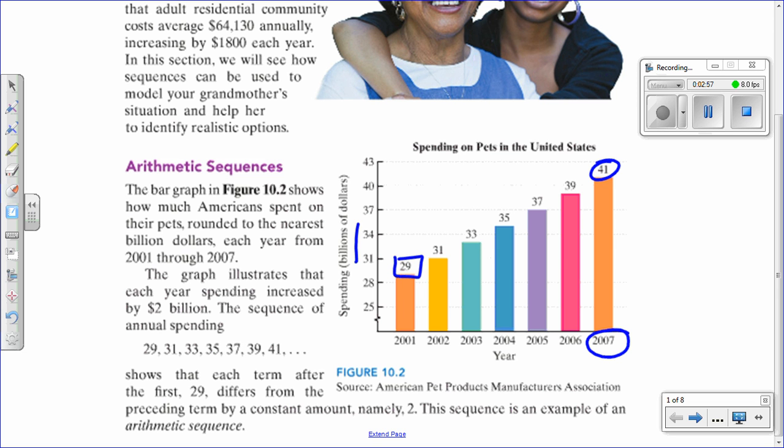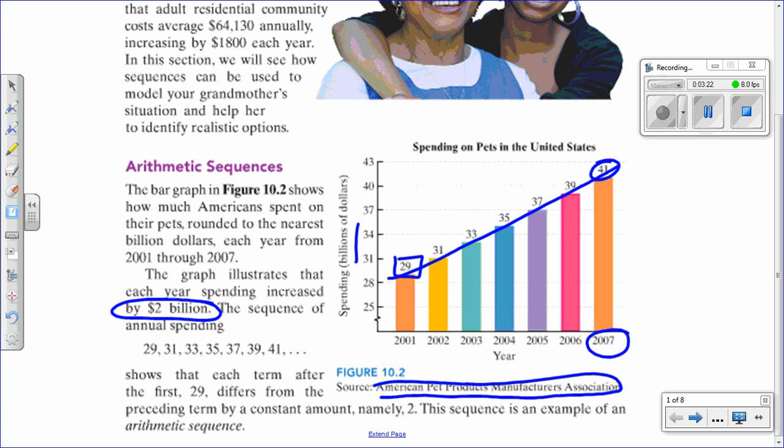According to the American Pet Products Manufacturers Association, there was a constant increase of 2 billion, so we could call it an arithmetic sequence. You add 2 billion every year. And if you connect those bars, you could see a line, right?